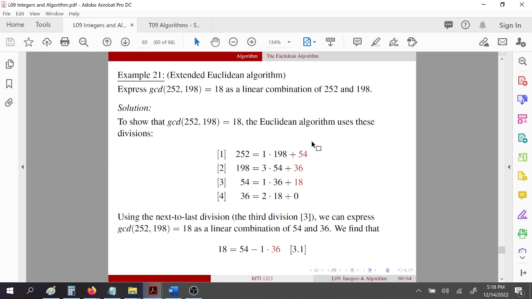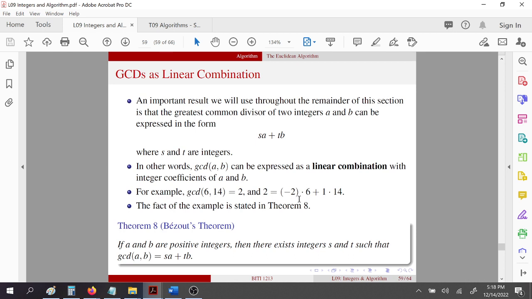After we obtain the GCD value, we already know the GCD value is 18. So we need to reserve this equation and come out with a new equation from this third equation. Why? Because we want to reserve 18. In the final equation, we want to make sure the GCD value is in front of the equation, because the equation that we are targeting is like here, GCD value.